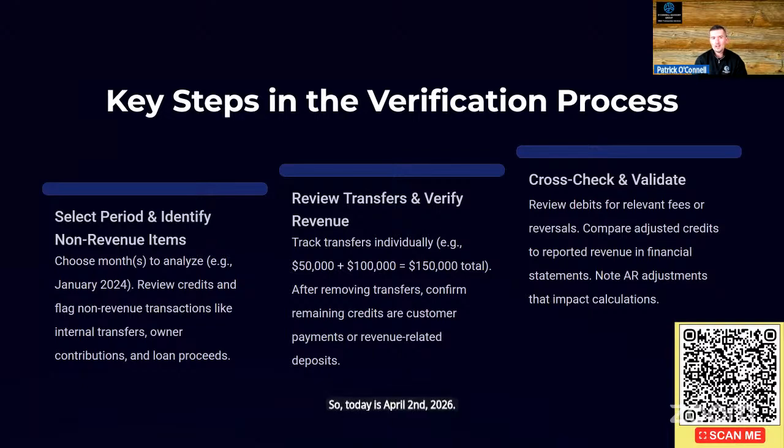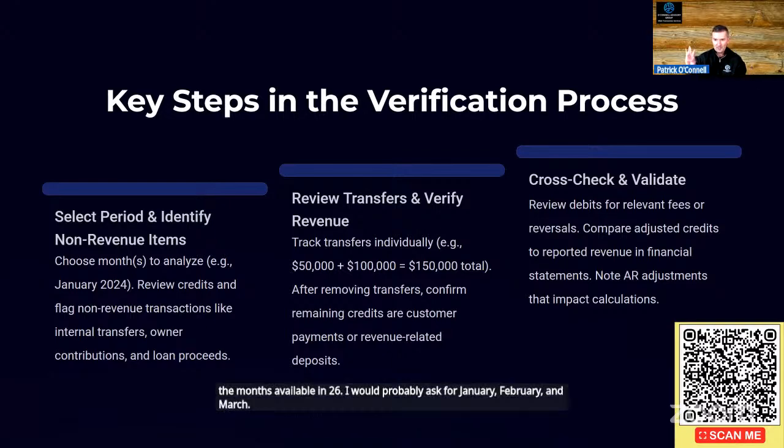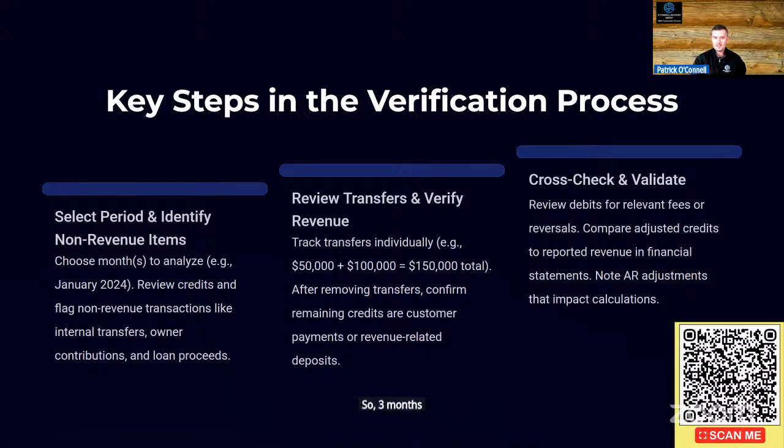If I was under LOI for a business today, at a minimum, I would conduct this analysis for all of 2025, the months, and then I would include the months available in 2026. I would probably ask for January, February, and March. So 3 months in 2026, 12 months in 2025. So that would be the period we're going to review.